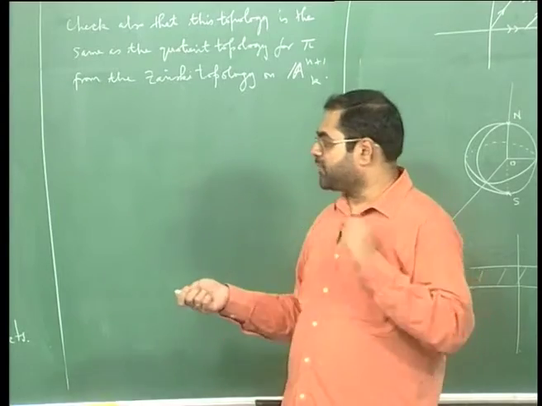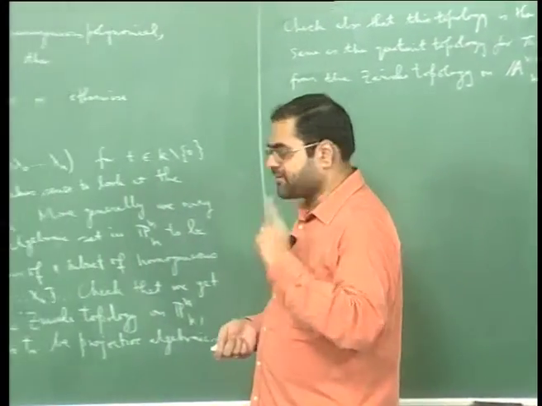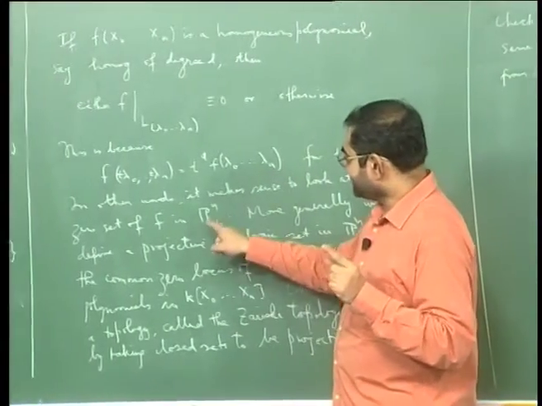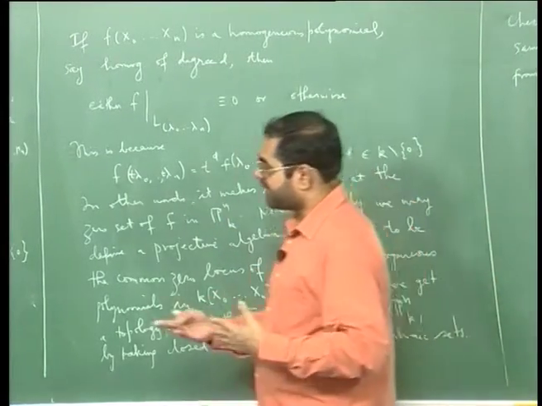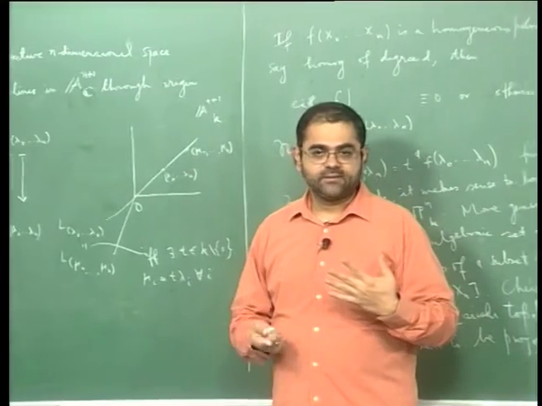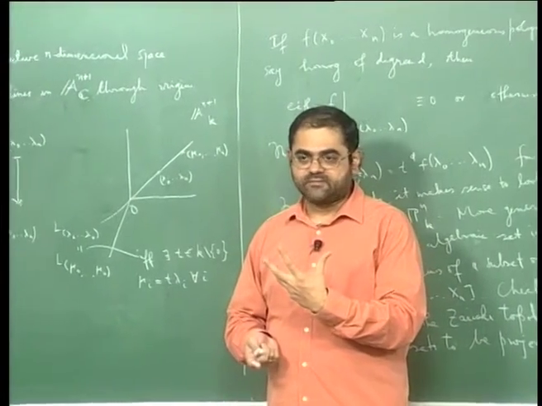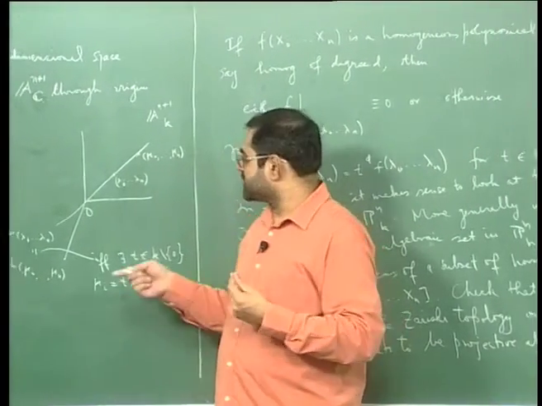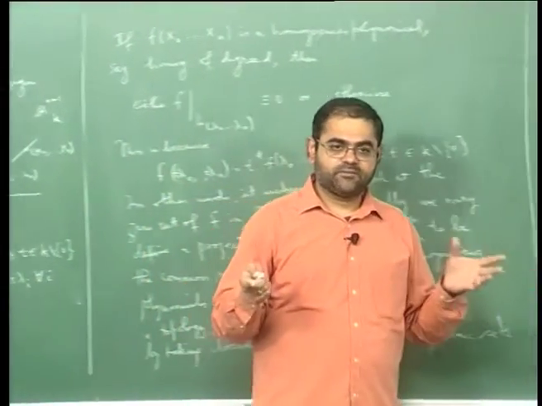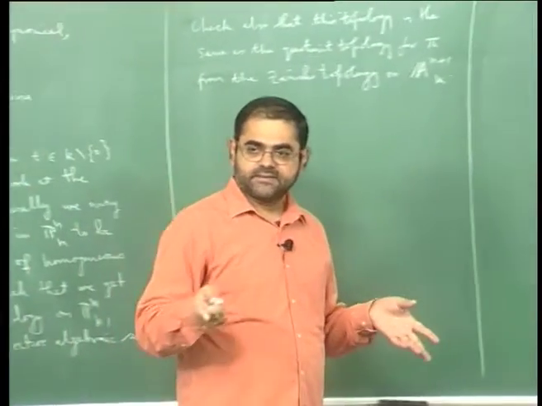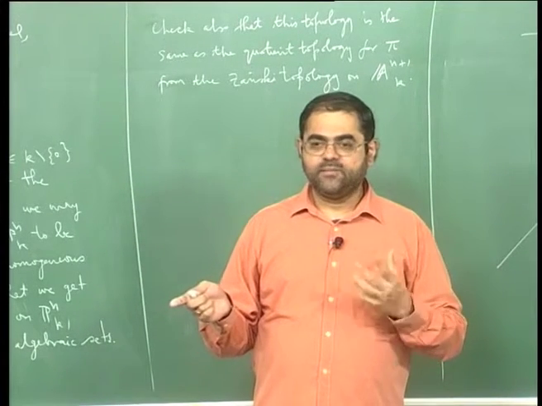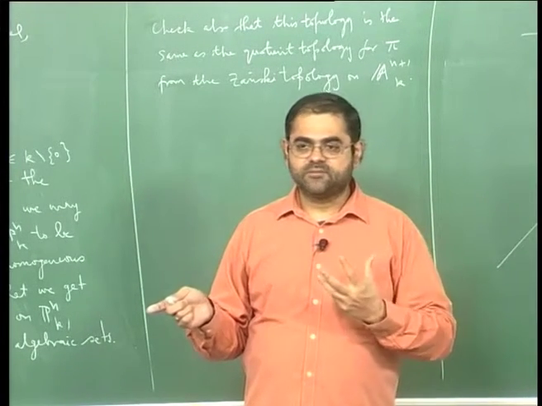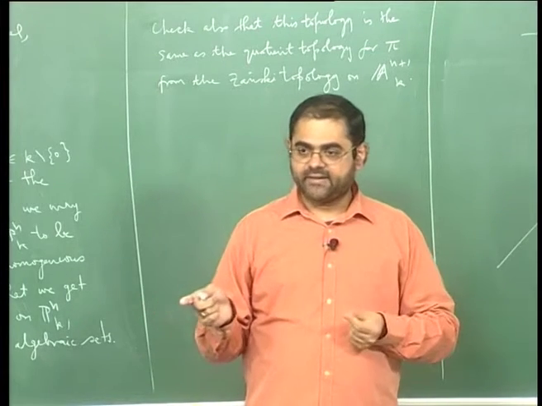But there is one point of caution. The point of caution is the following: you can go and start defining regular functions on a projective variety, on an open subset of a projective variety. We will call an irreducible closed subset of Pn a projective variety, and it will turn out that a closed subset will be irreducible if and only if its ideal is prime.